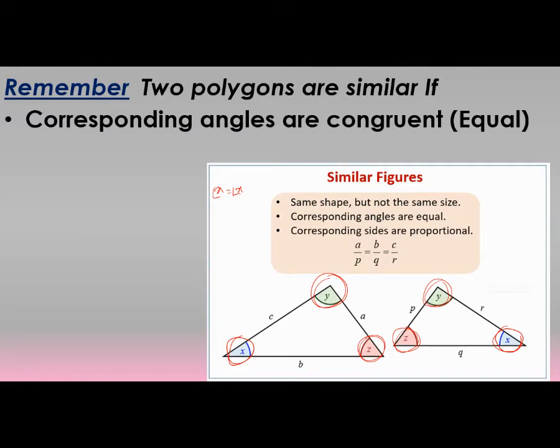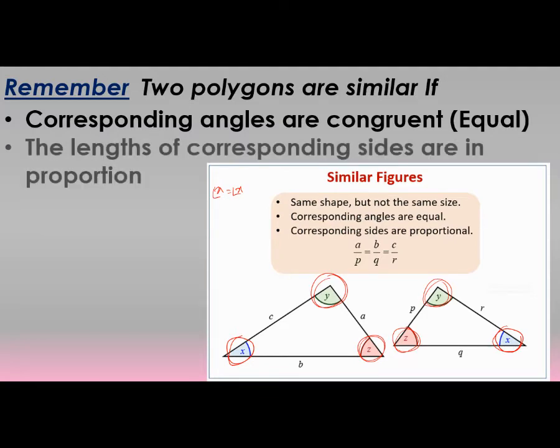Irrespective of size of the polygons, the angles are always congruent. Congruent means here equal. The lengths of corresponding sides are in proportion.